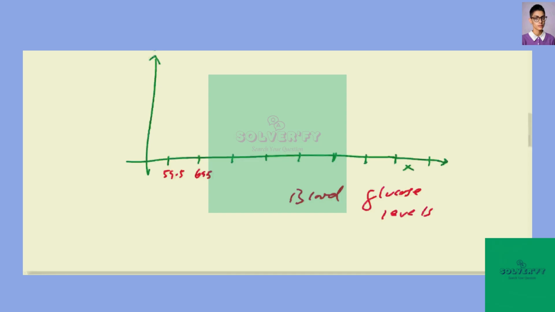So this should be 64.5 here. Then 69.5, we have 74.5, we have 79.5, 84.5, 89.5, 94.5, and then we have 99.5.